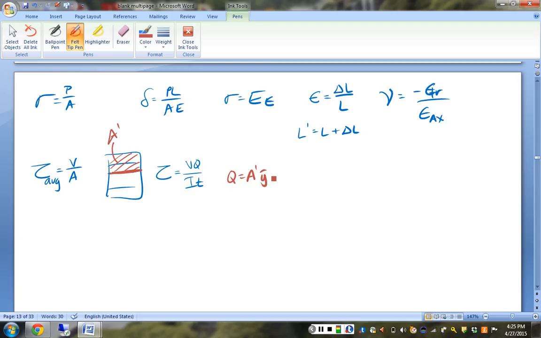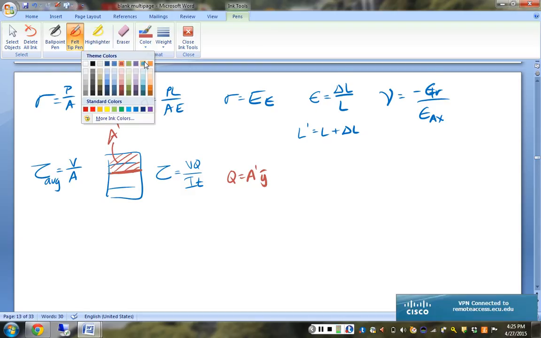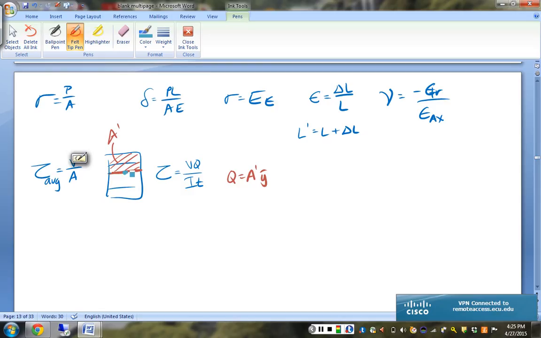This Y bar is the separation distance from the centroid of the whole thing to the centroid of A prime, the part that would be shifting. All right? So that deals with your linear shear forces.